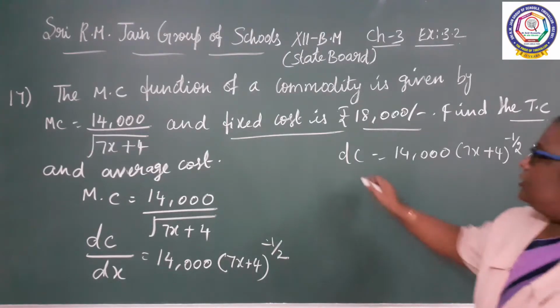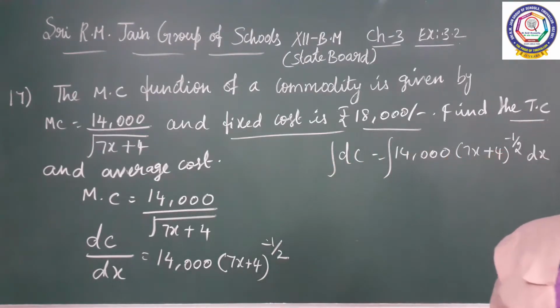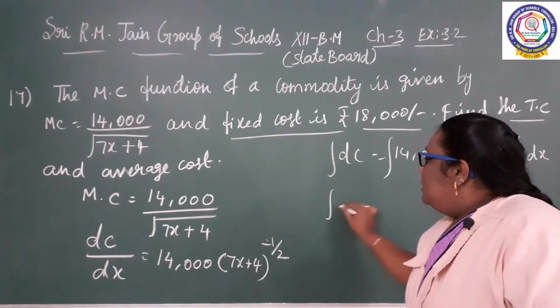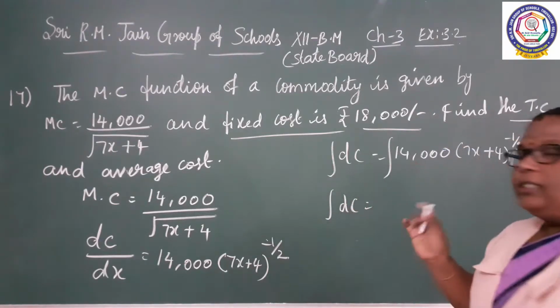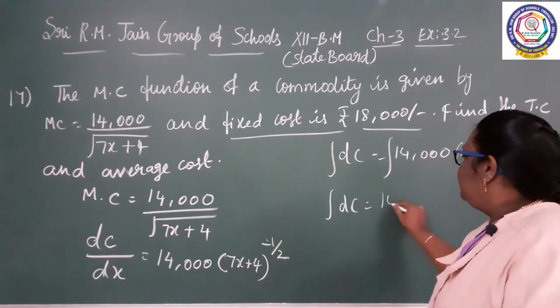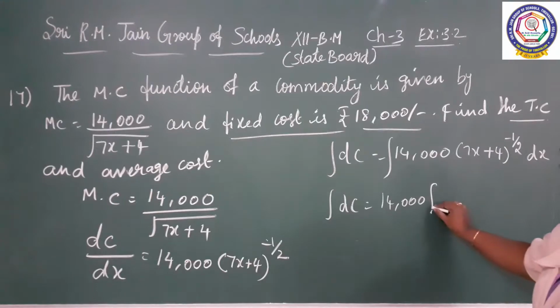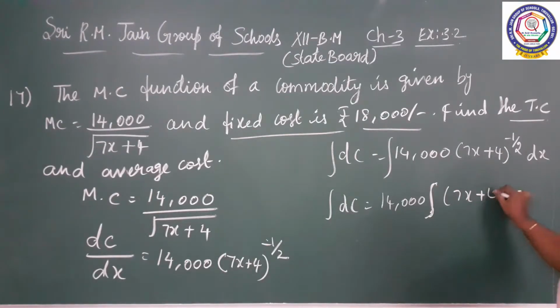Integrating on both the sides. Integral dc equal to integral 14,000 (7x plus 4) whole power minus 1 by 2 into dx. It is a constant, you can take it out: 14,000 integral (7x plus 4) whole power minus 1 by 2 into dx.